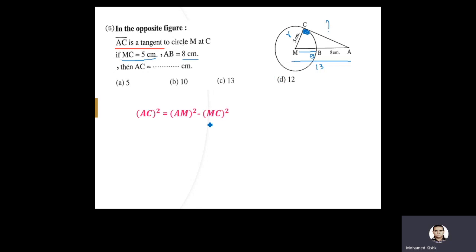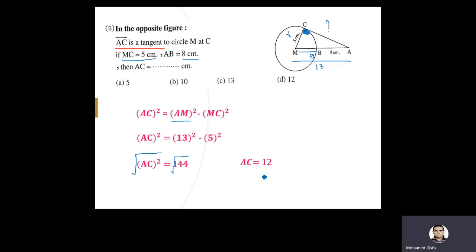Okay, so from Pythagoras, you can find AC equals, MA is the hypotenuse, the square of AM minus the square of MC. Substituting, instead of MA, 13 squared minus 5 squared, it will be 144. And we have a square, so we can take the square root of both sides.